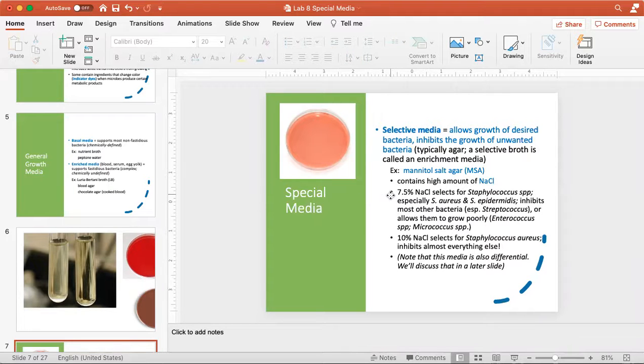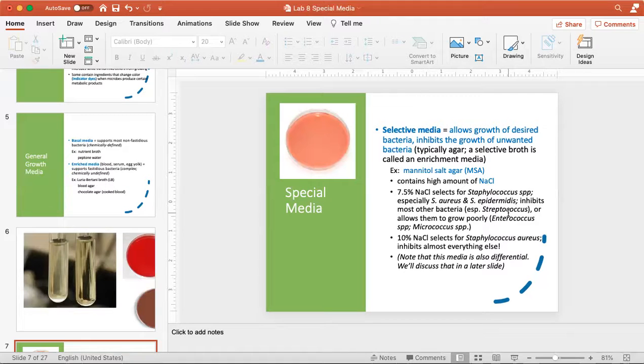This is going to select for Staphylococcus species, especially Staphylococcus aureus and Staphylococcus epidermidis. Those are 2 species of Staphylococcus that will happily grow in 7.5% sodium chloride. Just about every other bacteria will be killed by that amount of sodium chloride, especially things like Streptococcus. They are very sensitive to salt.